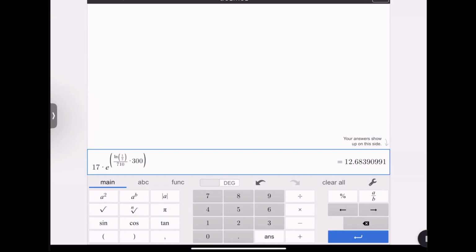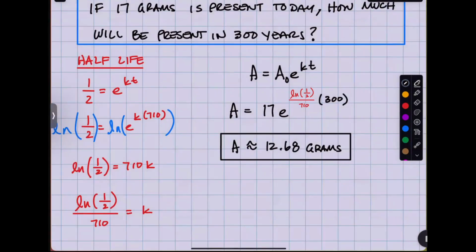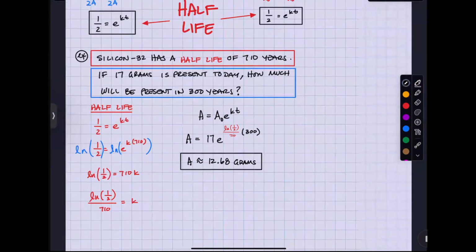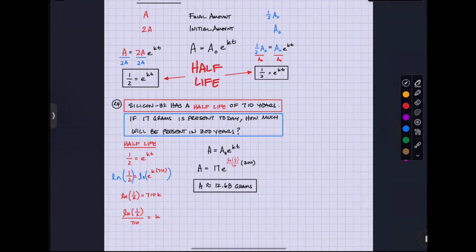Well, the graphing will show the same thing. The graphing you can do the same exact way. Questions? None? None whatsoever.